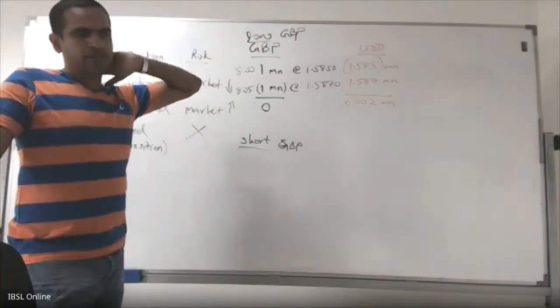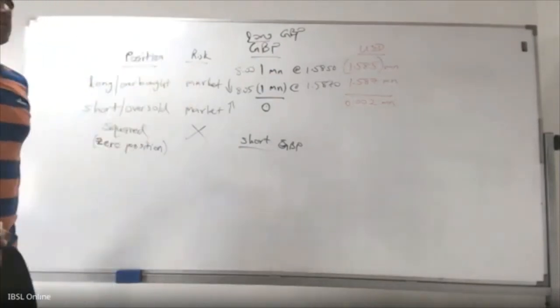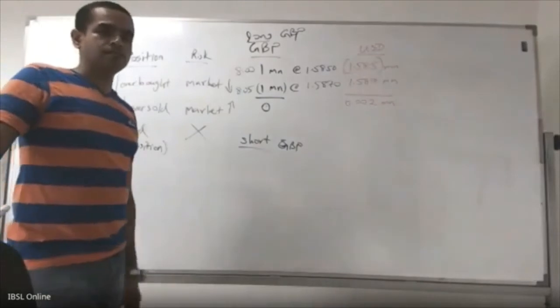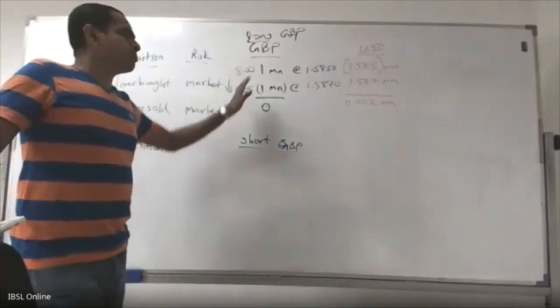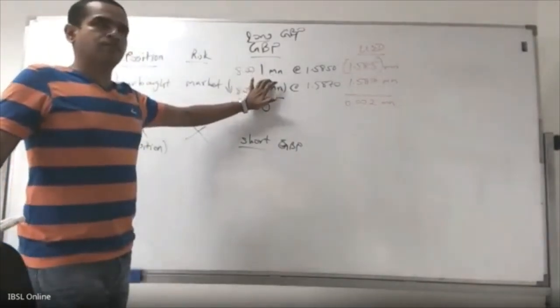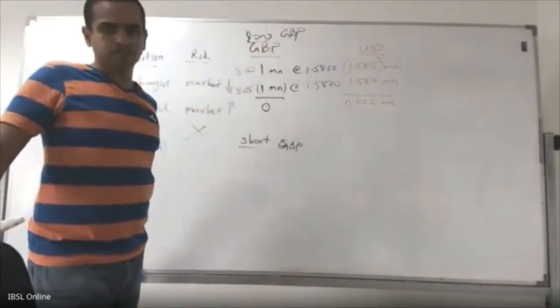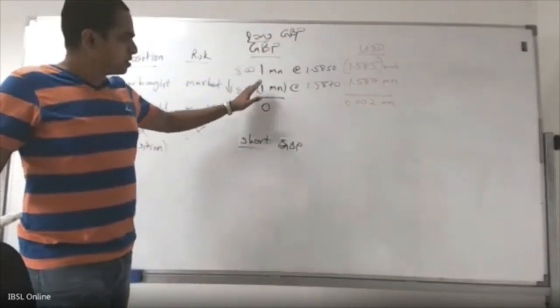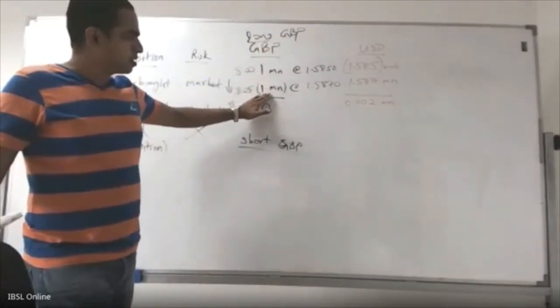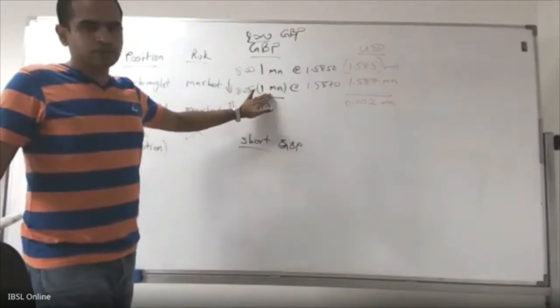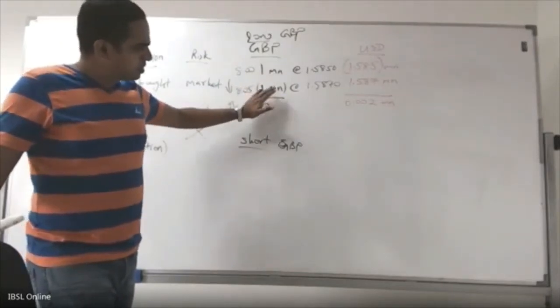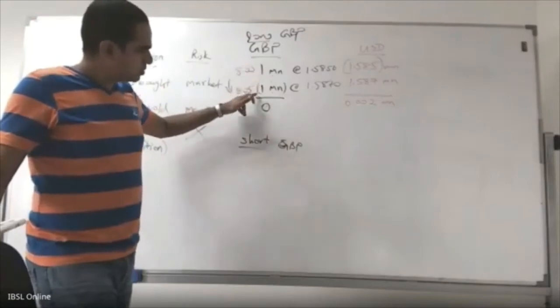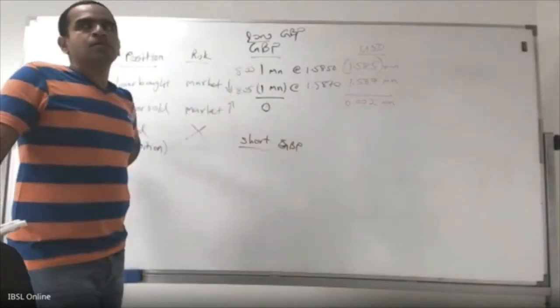Yeah, what you said is correct. You're short of sterling, right? Now, instead of buying sterling, if you had sold sterling, right? Now in this case, you have bought sterling and then 5 minutes later you're selling. Now, my question is, is this short? You have sold here 1 million sterling.